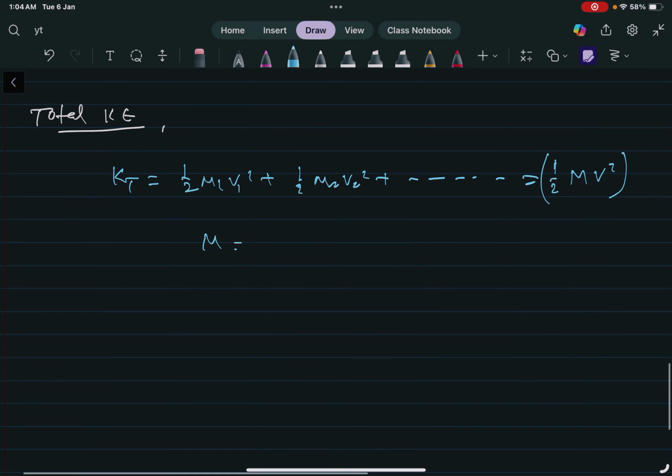Where again capital M is equal to m1 plus m2 and so on, and capital V is the velocity of the center of mass. Okay, so this is the first part, where pure translational motion of a body is covered.